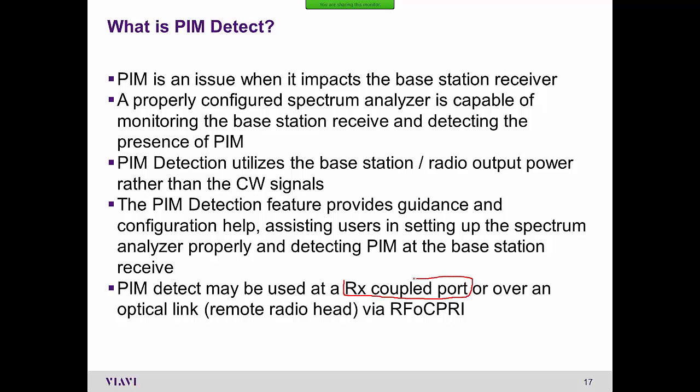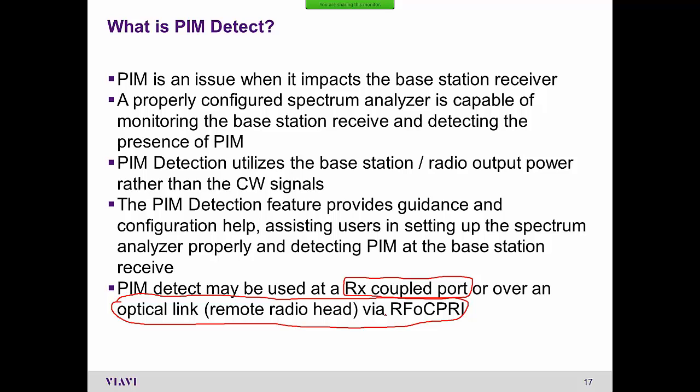So you can do a PIM detection if you have access to an RF coupled port. If that's a ground-based base station and you do have an RF coupled port, you can use PIM Detect. But if you don't, you can use an optical link via RF over CPRI, because you can see the receiver either way, either with an RX coupled port or looking at the receive signal coming from the radio head if it's remote on a fiber.